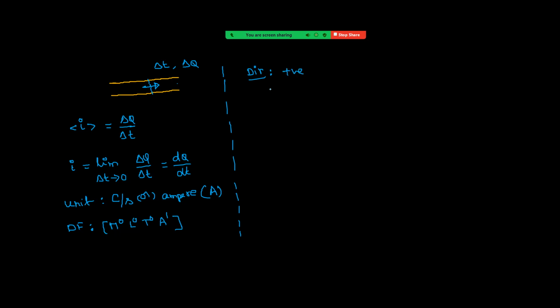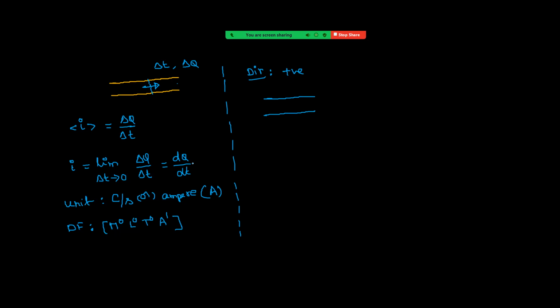I am repeating, the direction of current is the direction of flow of positive charge, or the same thing we can say, it is opposite to the direction of flow of negative charge. Let us see carefully. Suppose this is a conducting wire.